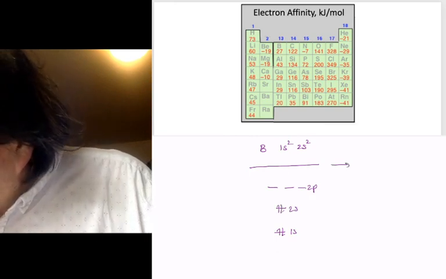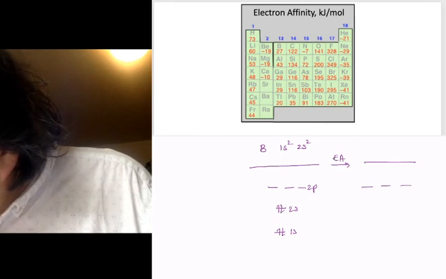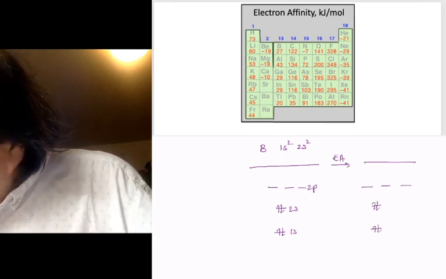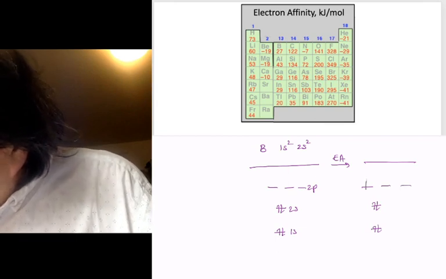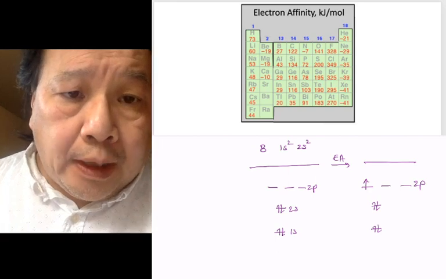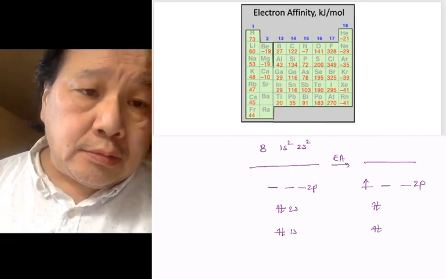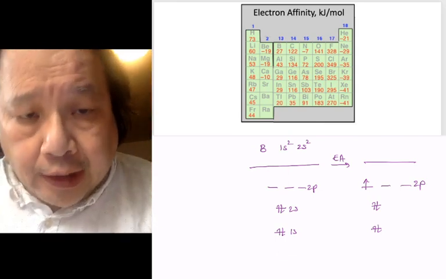Electron affinity is adding an electron. And when you add an electron in boron, it has to enter 2p. 2p is lower or higher in energy than 2s? It is higher in energy.